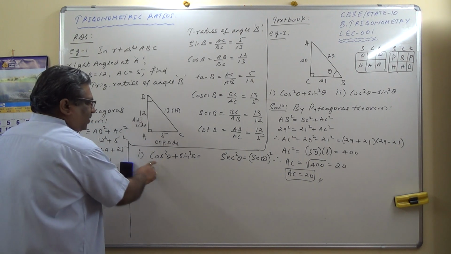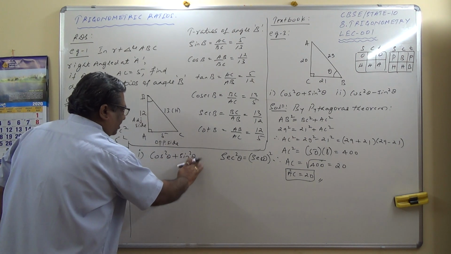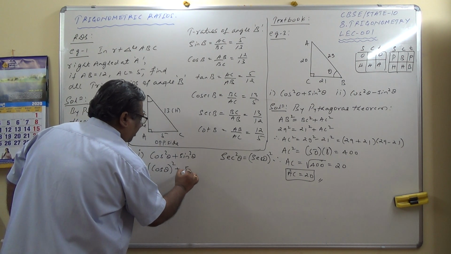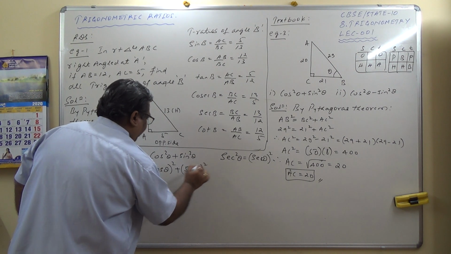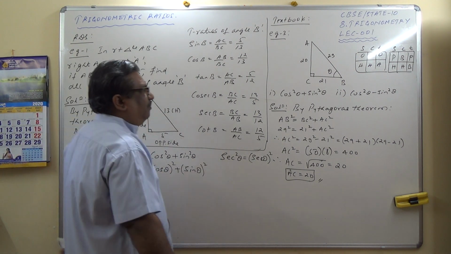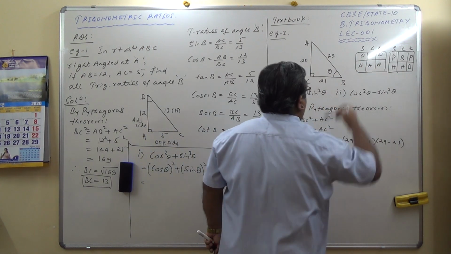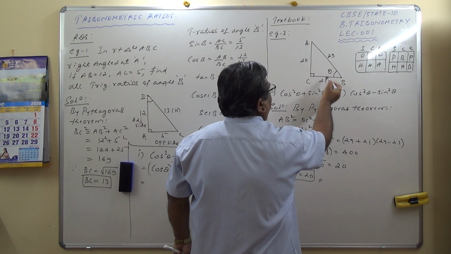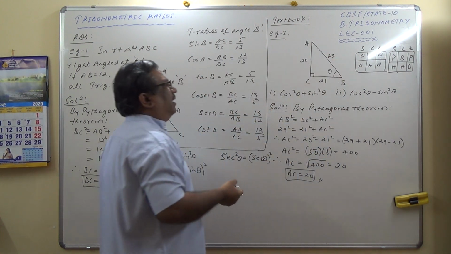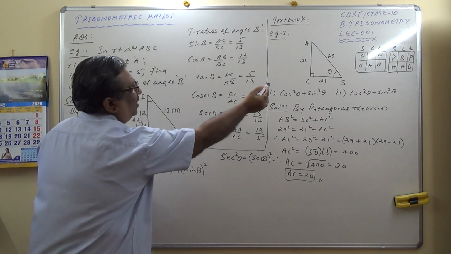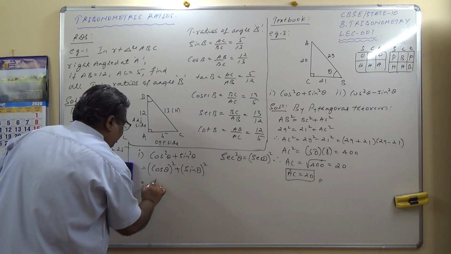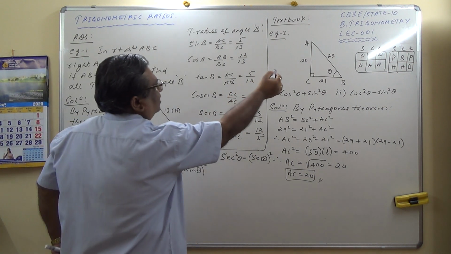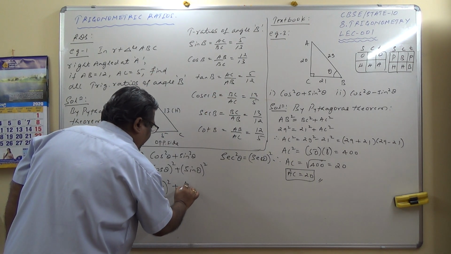Okay, so cos square theta plus sin square theta equals cos theta the whole square plus sin theta the whole square. What is cos theta? Cos theta is adjacent by hypotenuse, which is adjacent over here. This is theta here, adjacent over hypotenuse, 21 by 29 the whole square. So cos theta is equal to BC by AB the whole square, plus sin theta is AC by AB the whole square, opposite by hypotenuse.